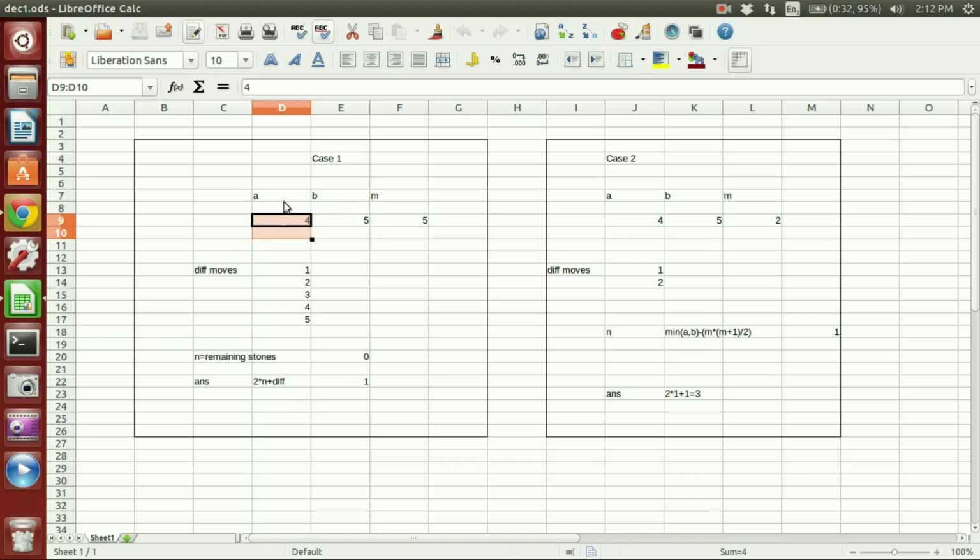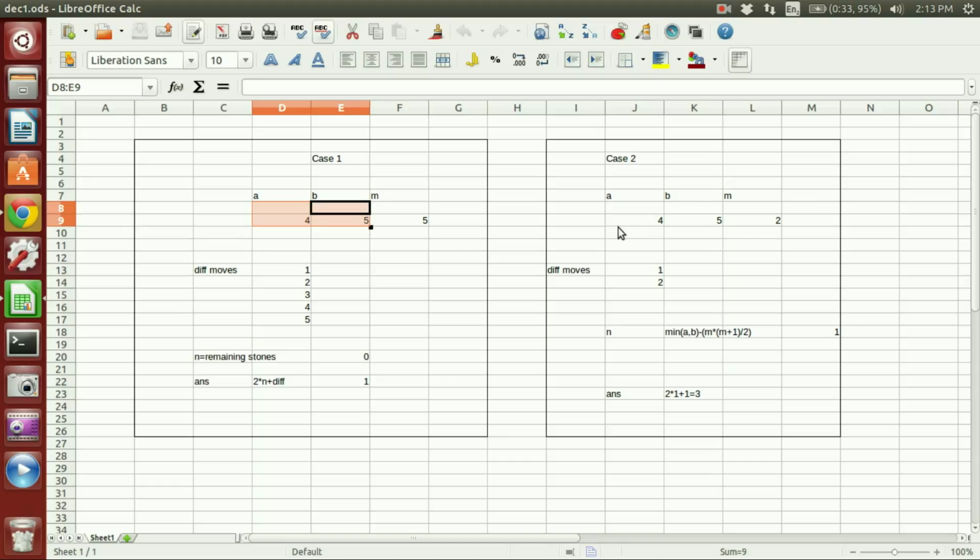Here the minimum is 4, so we are considering pile A. So for pile A, the remaining stones is 0. For pile B, it would be the number of remaining stones plus difference. So we can represent it as 2 into n plus difference. Your difference is 5 minus 4, that is 1. So our answer would be 2 into 0 plus 1, that is 1.